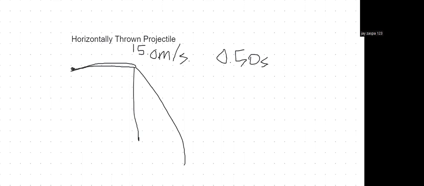How? It's very easy. We all know the velocity in its horizontal way. The velocity is equal to the distance over time, right? Everyone knows that. That is the basic. So when we solve for distance, velocity equals distance over time, so we can conclude that the distance is equal to velocity times the time, right?